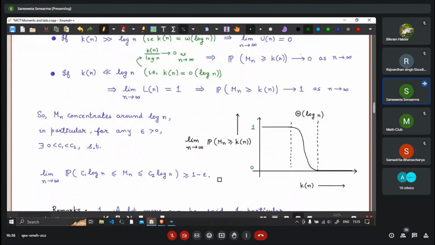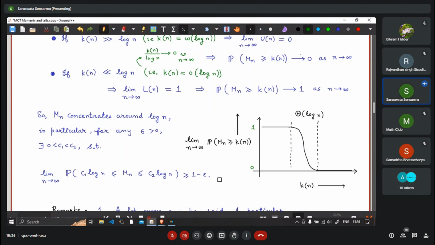So essentially what we have got is that this Mn concentrates around log n. Some constant times log n, I should say, but around the order of log n. In particular, for any epsilon positive, we can say that the probability that it will be between some C1 log n and C2 log n is greater than 1 minus epsilon.